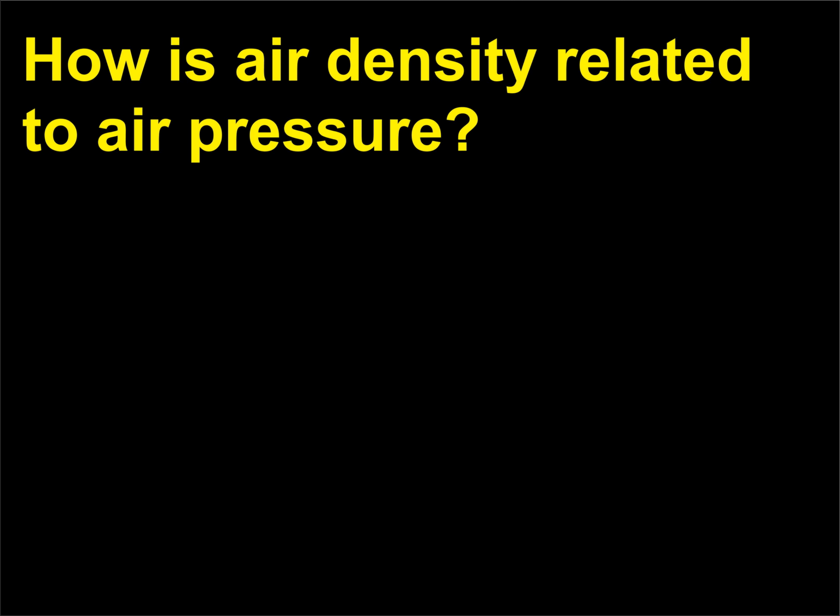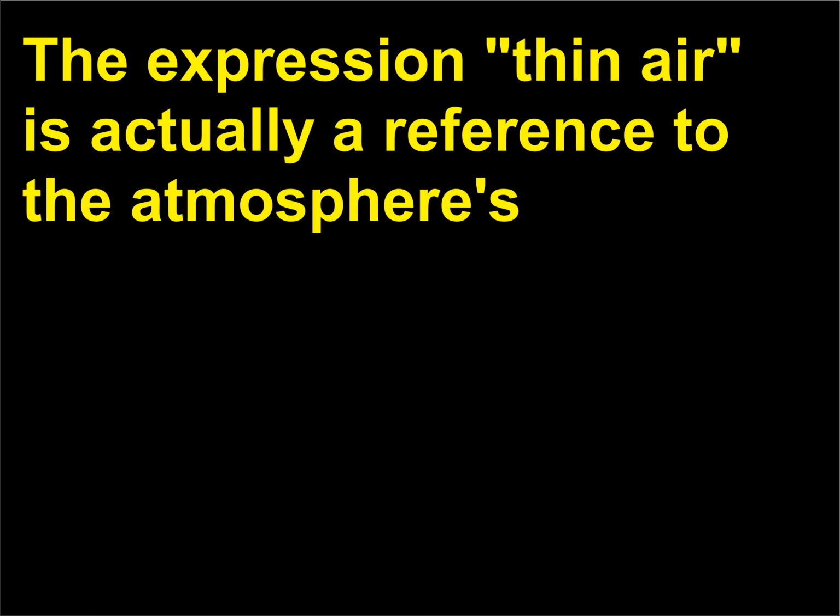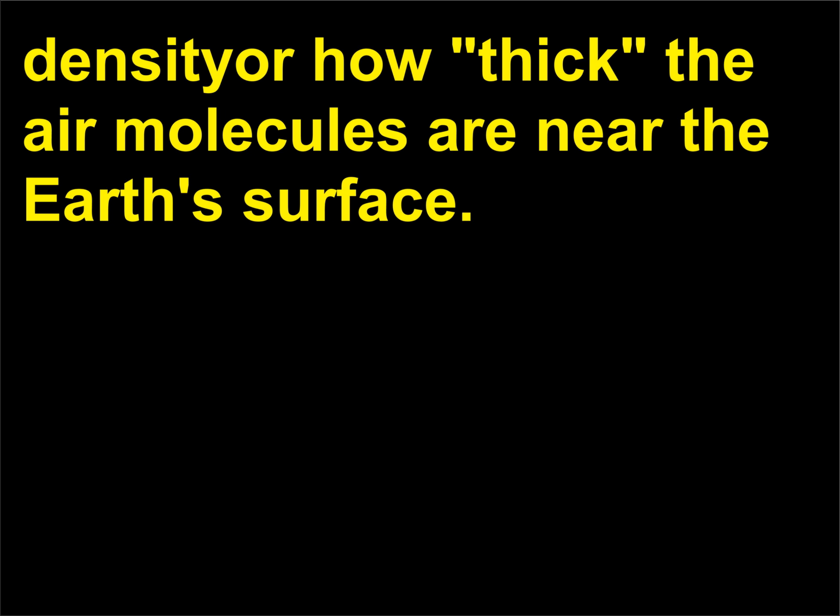How is air density related to air pressure? The expression thin air is actually a reference to the atmosphere's density, or how thick the air molecules are near the Earth's surface.